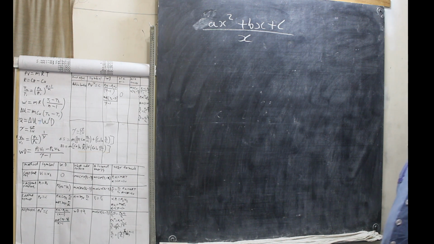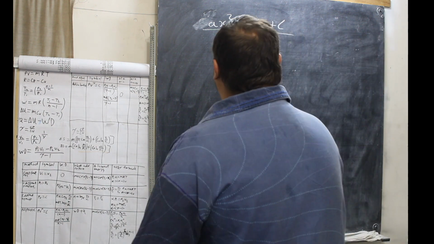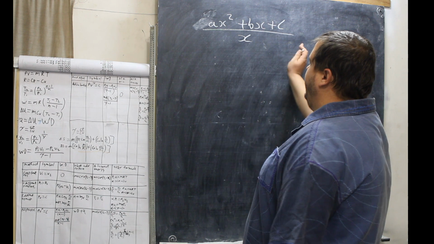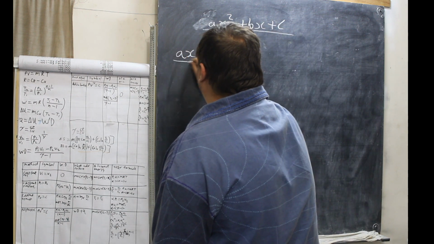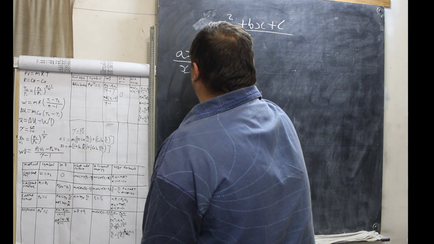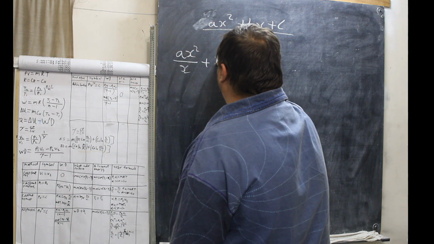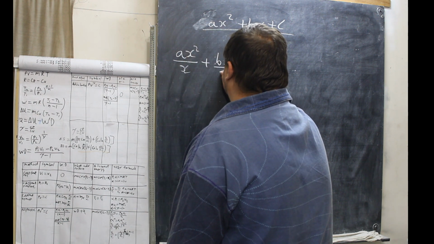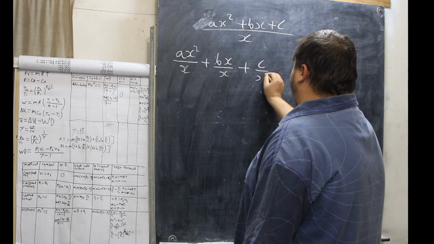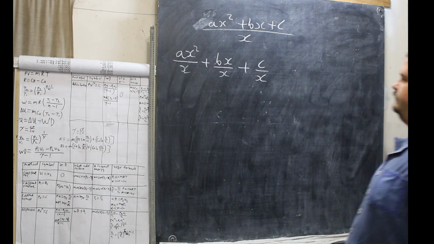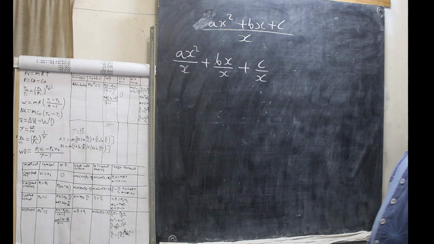Now we're going to differentiate. So now what we do first is we break it up. So we say ax squared over x plus bx over x plus c over x. Right, we break it up.